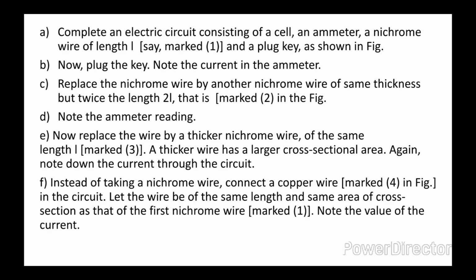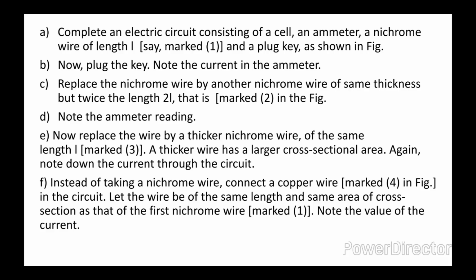So here you will conduct the experiment considering 4 cases. In the first case, you will connect nichrome wire of length L, and in the second case, you will double the length of the nichrome wire, but the thickness should be same. And in the third case, you will not vary the length.